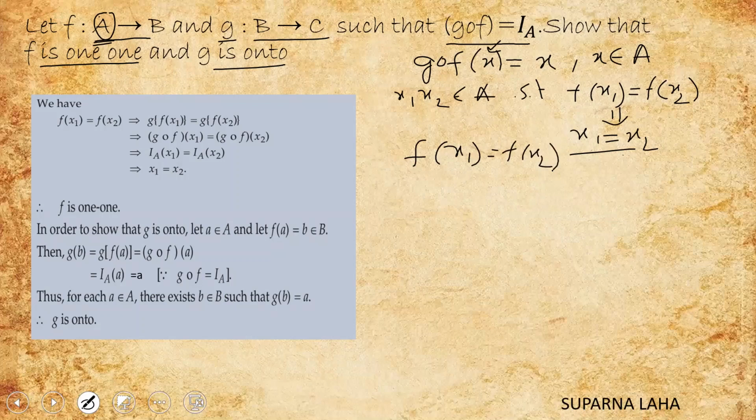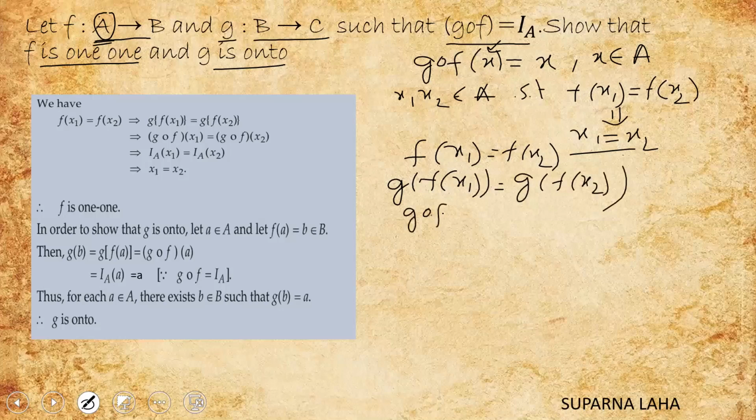Since g is another operator and g∘f is defined, I am applying g on both sides: g of f of x1 and g of f of x2.